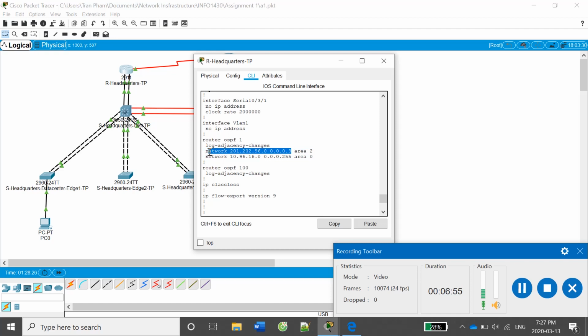For the network 201.202.96, the last octet is 0, and for the subnet mask, the wildcard is used, so the first three octets are 0, and the last octet is 3, because 255 minus 252 is 3.